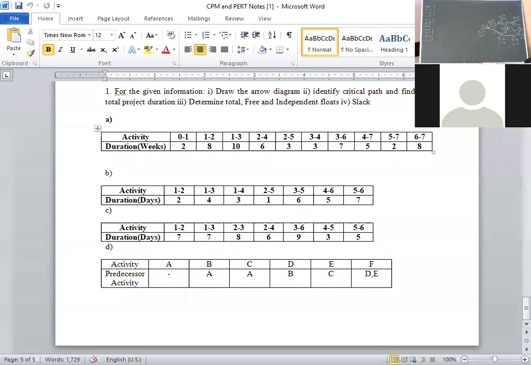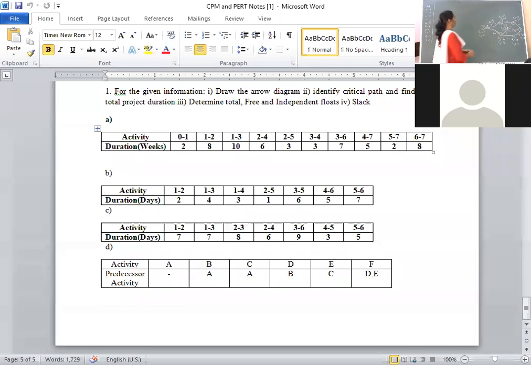Right now we will see how to calculate slack, as well as floats without using formulas.